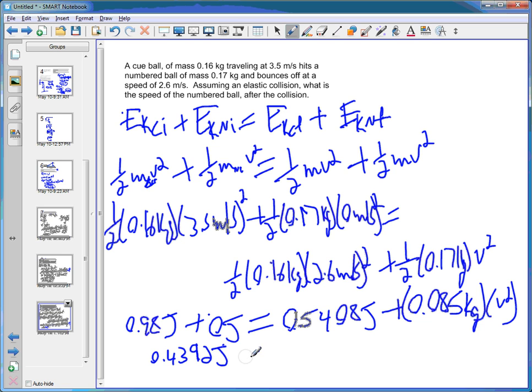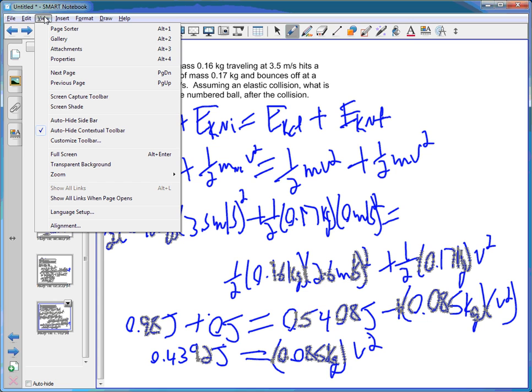Used to be a way to extend my page here. Don't see it anymore, so I'll just create a new page here. Copy that onto the new page so you can see where I was going from.